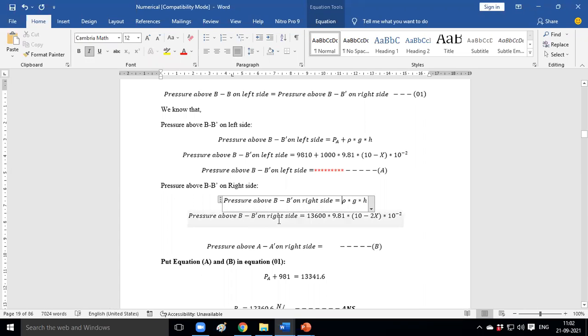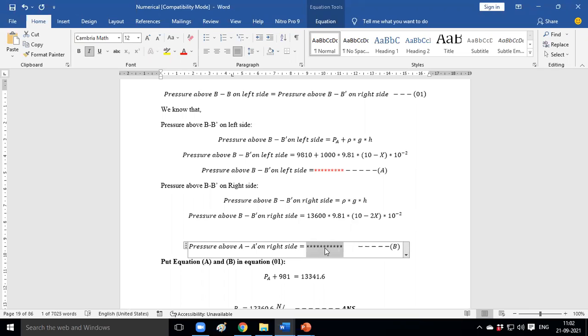So again put the value of density for mercury, 13,600, g as 9.81, and h is replaced by 10 minus 2x, into 10 to the power minus 2. And again do this calculation. In terms of which parameter do we get that value? In terms of x.